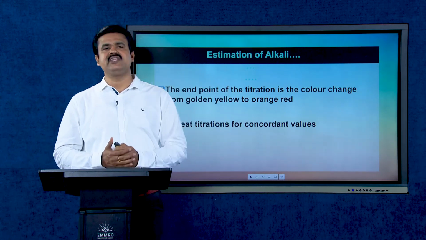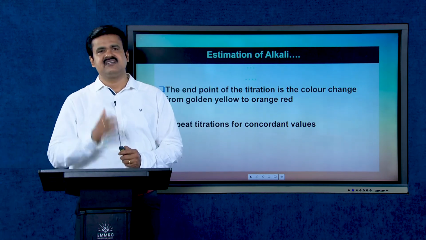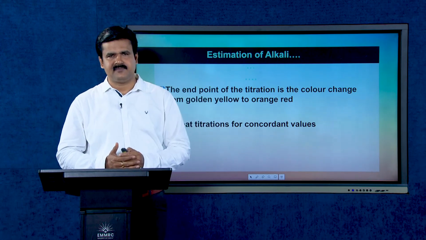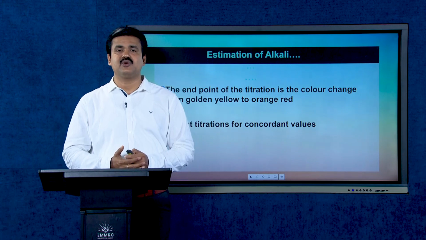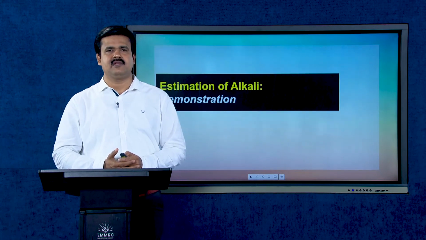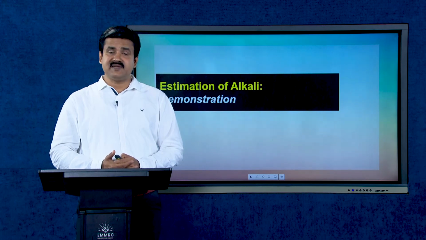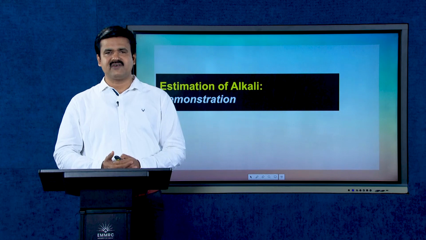The end point of the titration is the color change of methyl orange, from golden yellow to orange red. Finally, you have to repeat the titration to get concordant values. We are now demonstrating the estimation part of alkali content in antacid tablet. Over to the experiment.